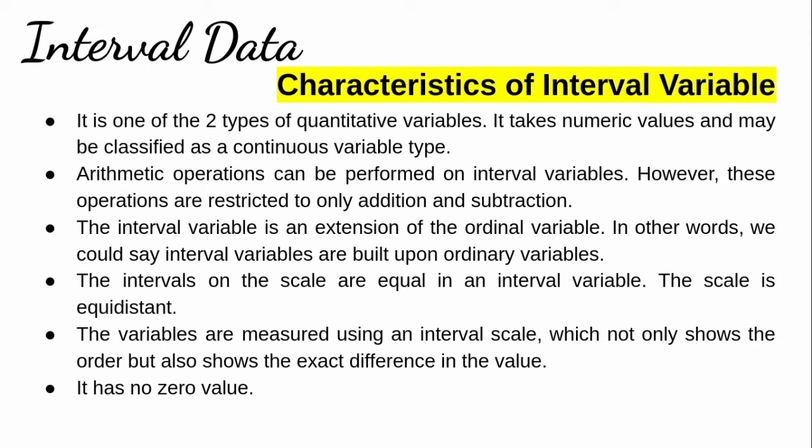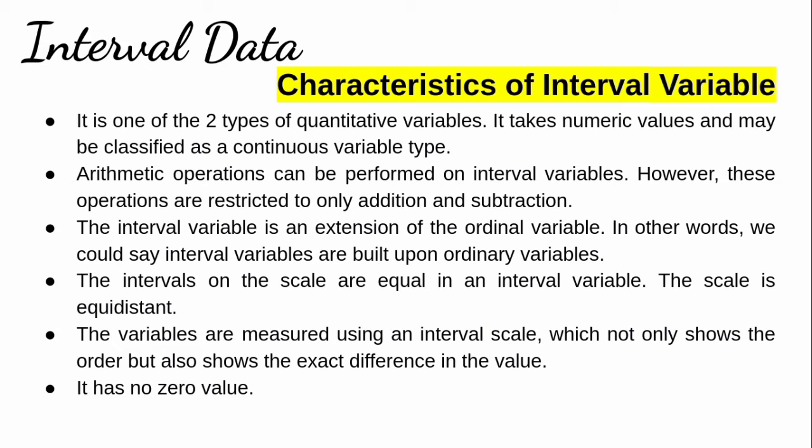Now we will be discussing interval variable or data, which is an extension of ordinal data. For its characteristics, it is one of the two types of quantitative variables. It takes numeric values and may be classified as a continuous variable type. Arithmetic operations can be performed on interval variables.